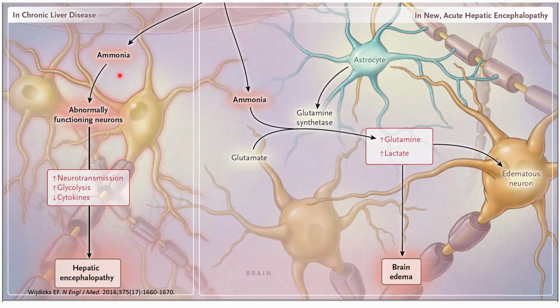In the brain, it is neurotoxic and it can cause abnormally functioning neurons, which results in altered mental status and hepatic encephalopathy. So this is what happens in chronic liver disease such as cirrhosis. Now in the acute setting, it can also cause brain edema. So this happens in someone who develops acute liver disease, but what we see in chronic liver disease such as cirrhosis is hepatic encephalopathy.